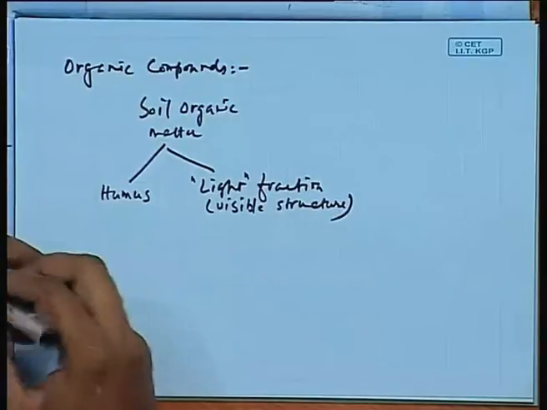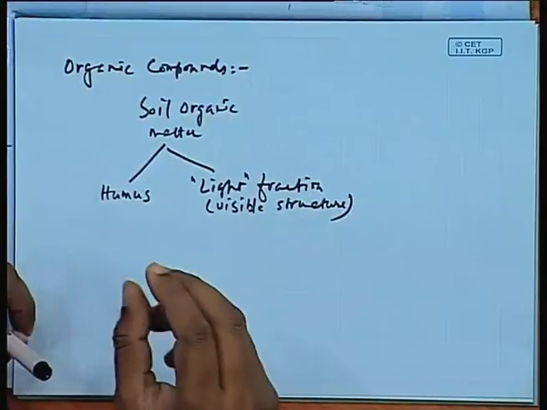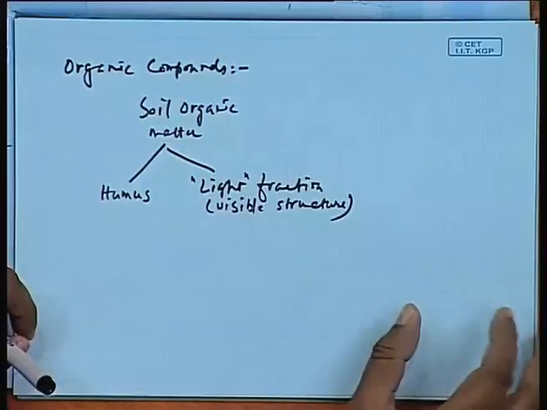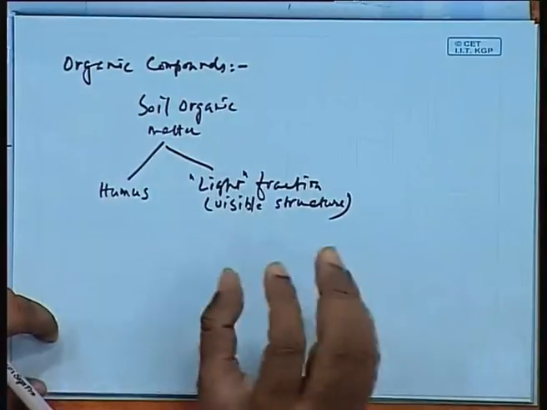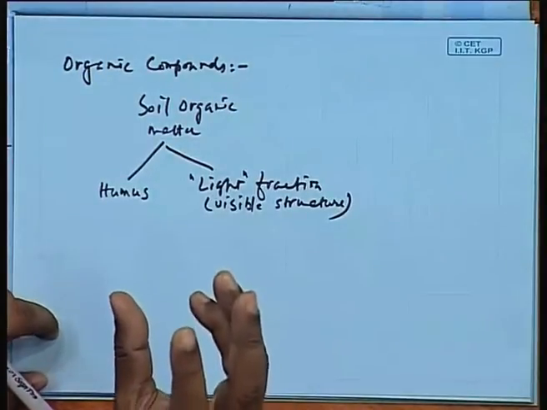Let me give you a small example. You have all seen cow dung after a rain. You would observe that there are some fractions where the structures are visible, and you can find the cellulose in them.